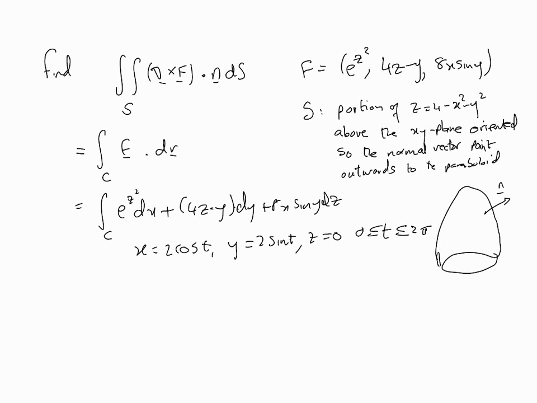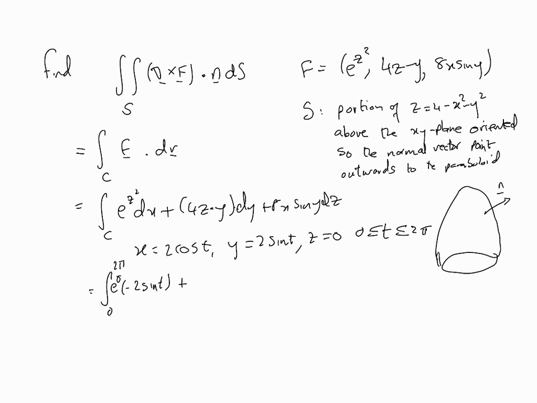So therefore, our integral is going to be from 0 to 2 pi. In fact, with a single parameterization in t, e to the 0 is just going to give us 1, and the dx, remember, is x dash t, so it's going to be minus 2 sine t, and we'll collect the dt's at the end.